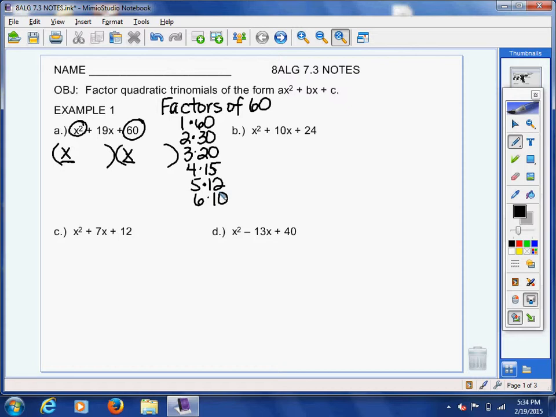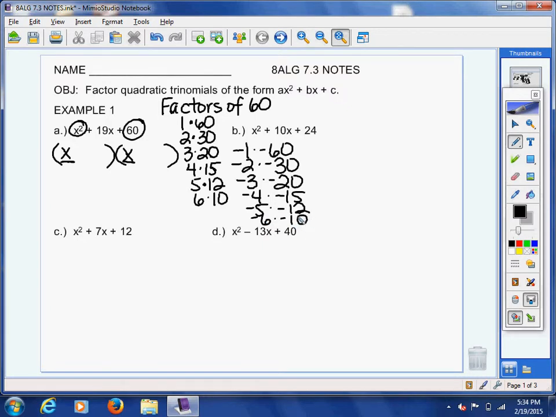You also could have the negative factors. Negative 1 times negative 60 is also positive 60. Same thing here, and negative 4 times negative 15, negative 5 times negative 12, negative 6 times negative 10.